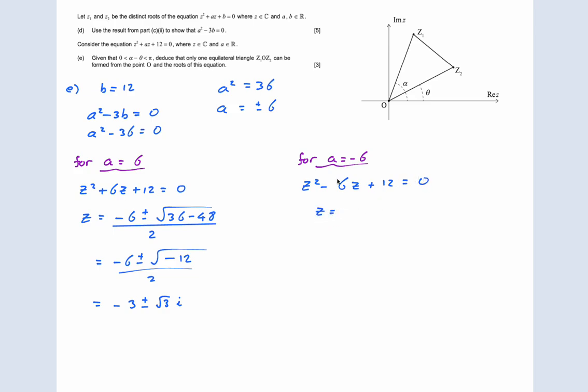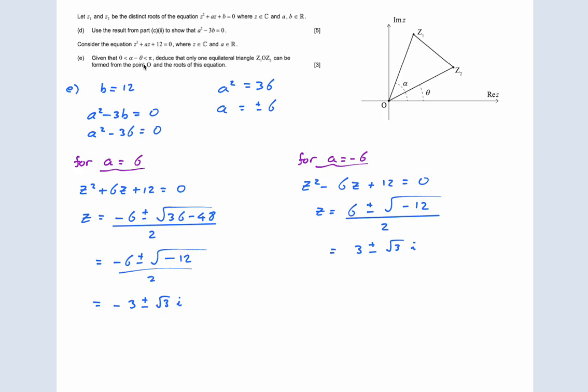Z equals, this time 6, plus or minus the square root of the same thing, negative 12, all over 2, and then I can have 3 plus or minus root 3i. So these are the roots. I can have this one, these two, or these two.